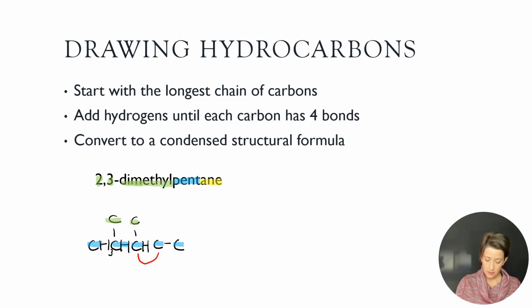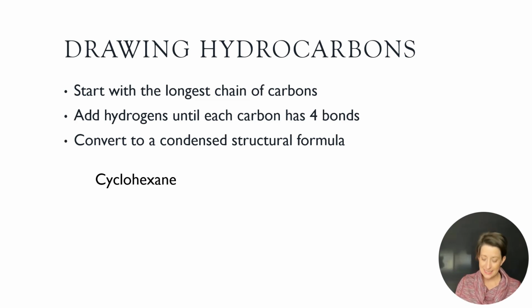Carbon 4 has 1, 2 carbon bonds. That means it needs 2 hydrogens. And then carbon 5 has 1 carbon bond, so it needs 3 hydrogens. So that takes care of my pentane. Now I need to look at my methyl groups. Methyl groups only have one carbon, so it's going to have a carbon-carbon bond, so they are each going to have their CH3. And that is how you can go directly to a condensed structure from the name.